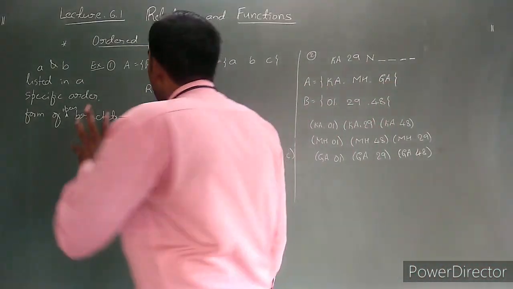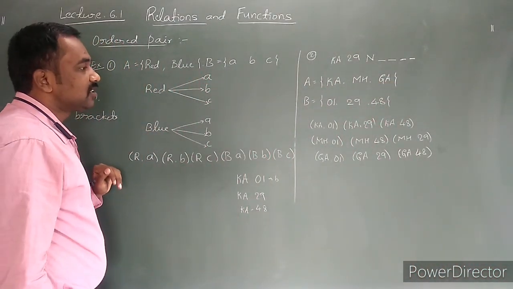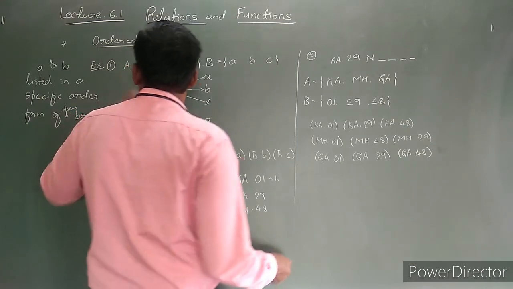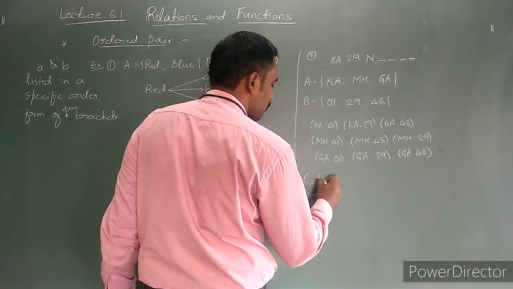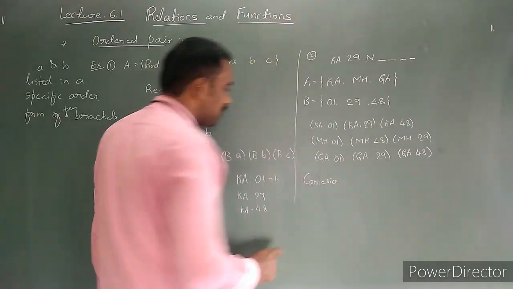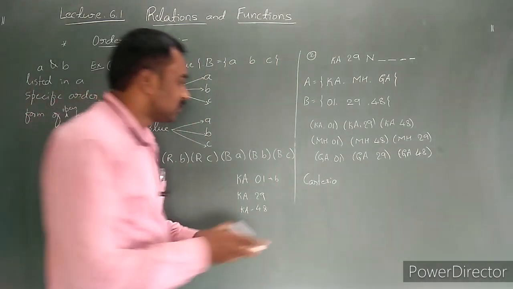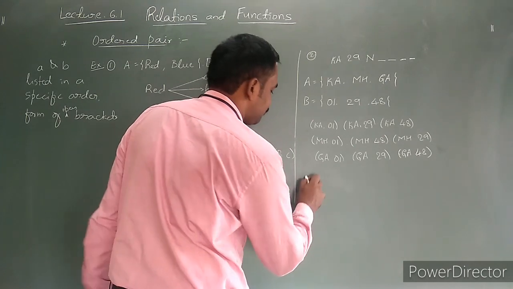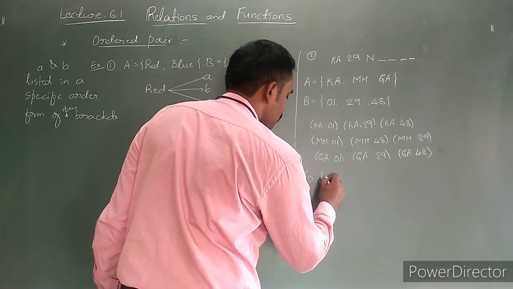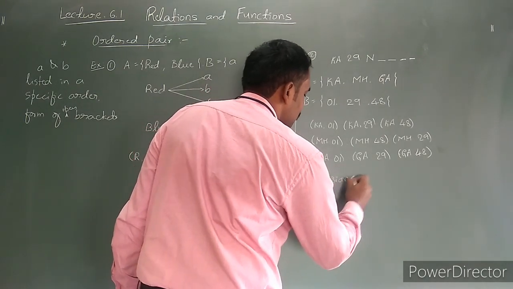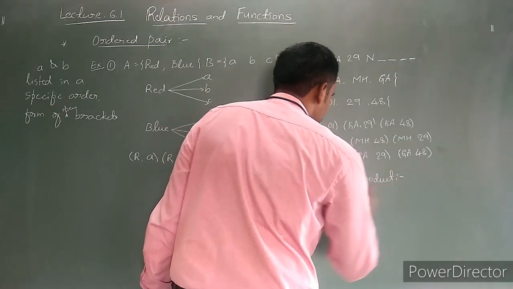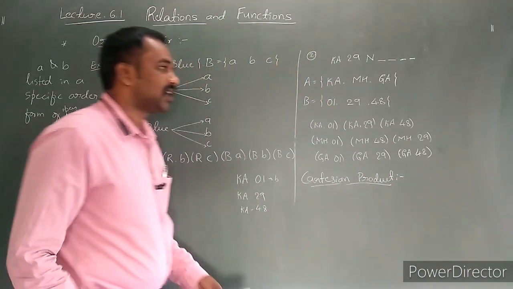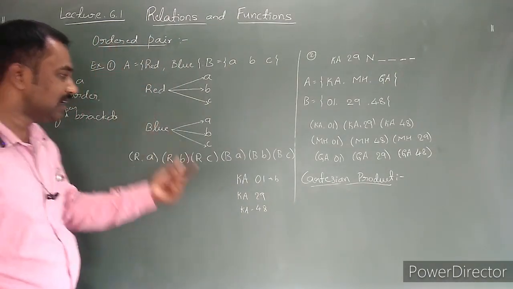Okay. Now, the next thing is Cartesian product. Next definition is Cartesian product. What is meant by Cartesian product? Already we came to know what an ordered pair is.